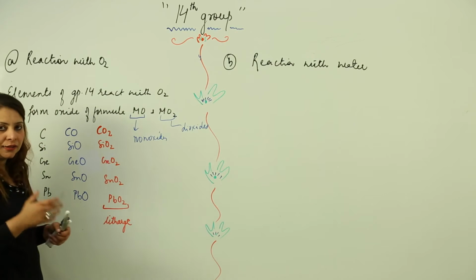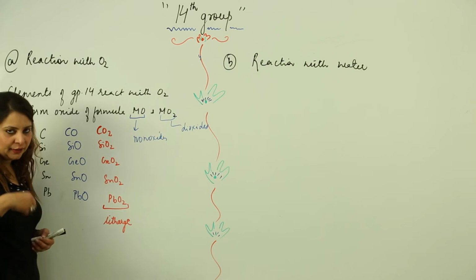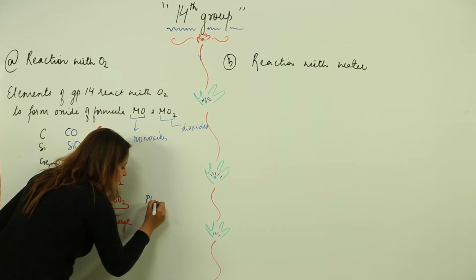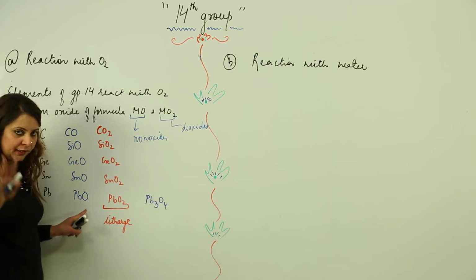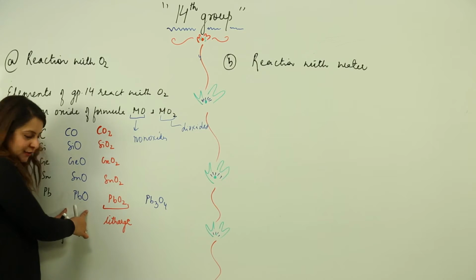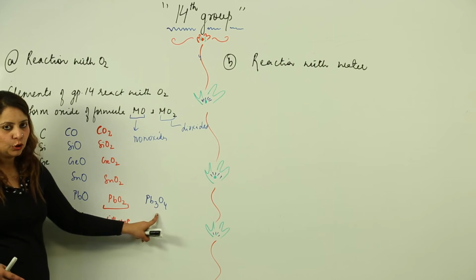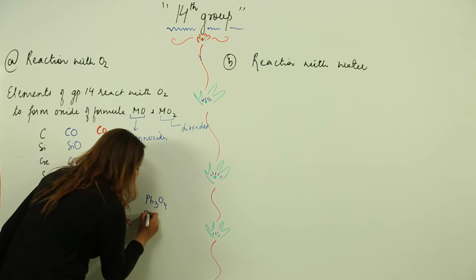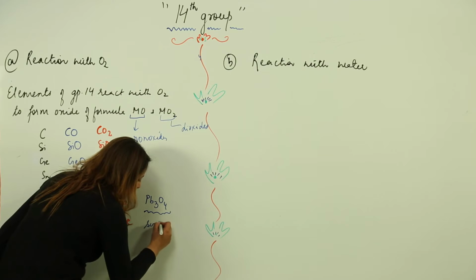Apart from PbO and PbO2, lead also exists in one other oxide. Its formula is Pb3O4. So that means lead has three oxides. It exists as monoxide, as dioxide, and in this compound also, Pb3O4. The common name for this Pb3O4 is Sindoor.